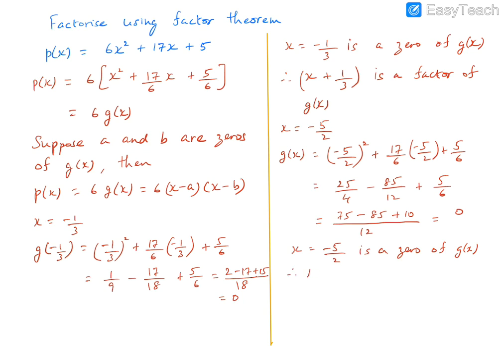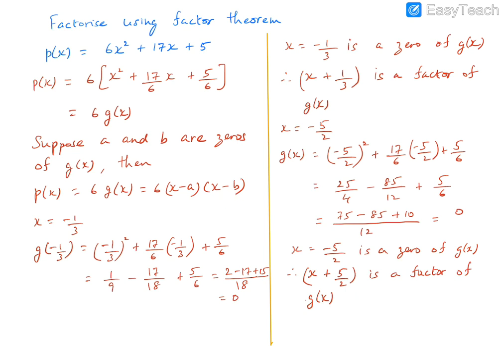Therefore we'll write x plus 5 over 2 is a factor of g of x. So overall we have this p of x as 6 times g of x, which is 6 into the first factor x minus a and the second factor x minus b.